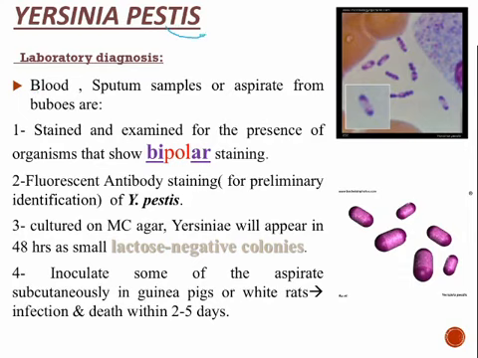For your information, Yersinia pestis causes plague, and this plague can be in the skin, called bubonic plague, or in the respiratory tract, called pneumonic plague, or in the blood, in which case it's called septicemic plague.